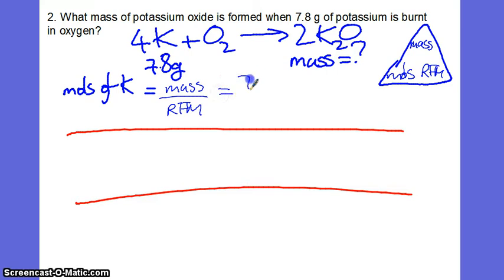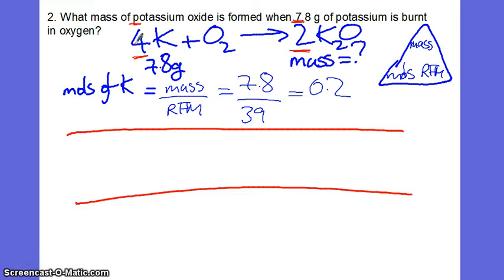Get your periodic table out. You know the mass is 7.8. The RFM of potassium you can look up, and that's 39. If you do that calculation, you've got 0.2. Middle step, you need to look at your ratios. If I have 4 moles of potassium, I make 2 moles of potassium oxide. So it's a 4:2 ratio, 2:1.